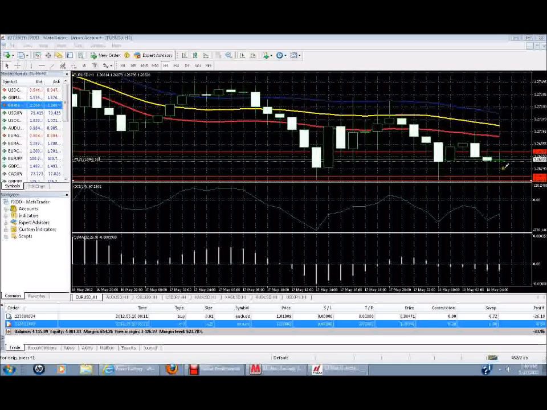That's pretty much because it's developing a channel right here. This is the channel. So let's see what the next candle is going to do. Is the next candle going to open up lower, or is it going to open up higher?